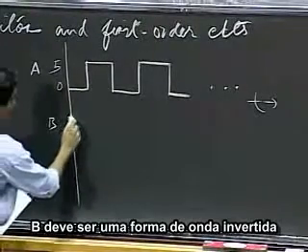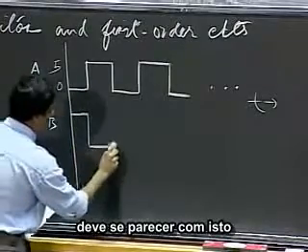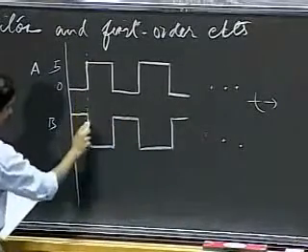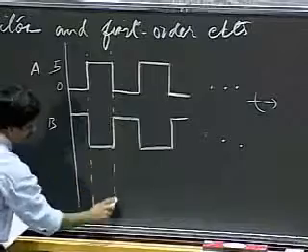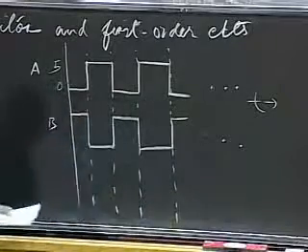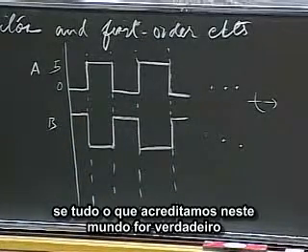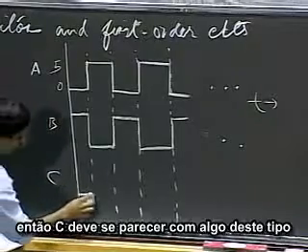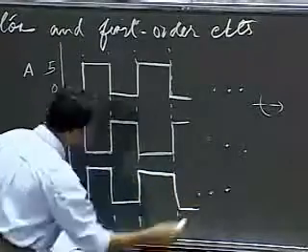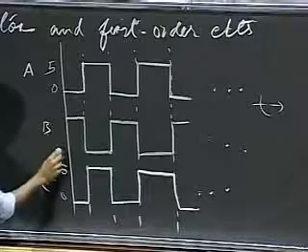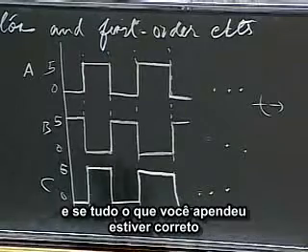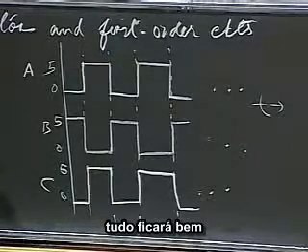And B should be an inverted waveform that should look like this. If all that we believe of the world so far is true, then this is how things should behave. So C should look like this, right? This is what the world should look like, if everything that you've learned about is true and correct.